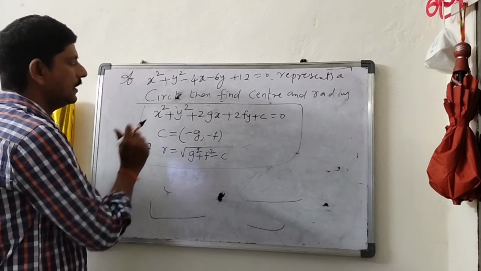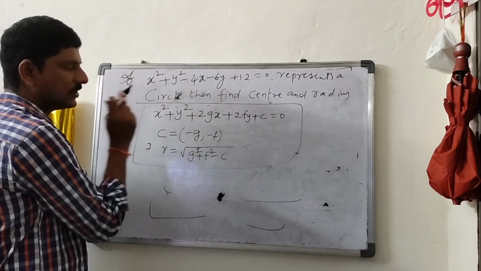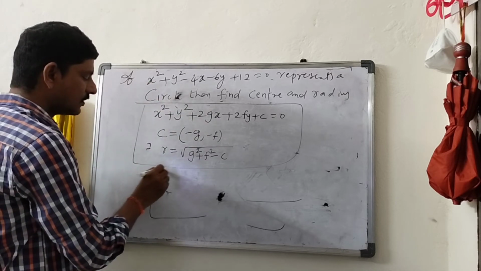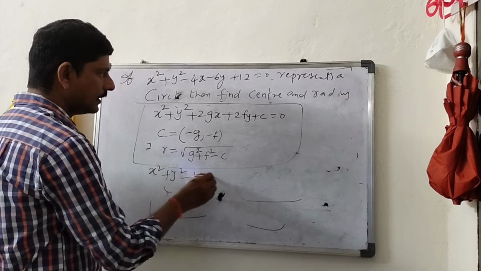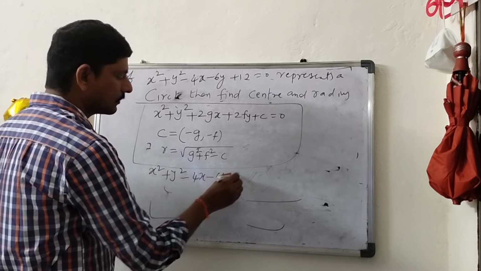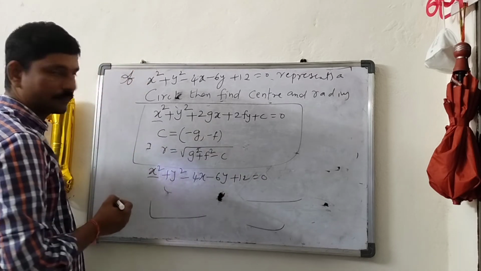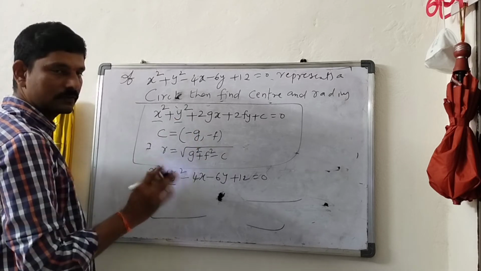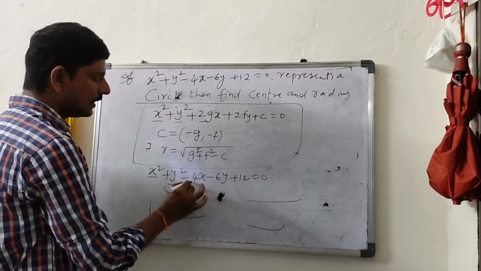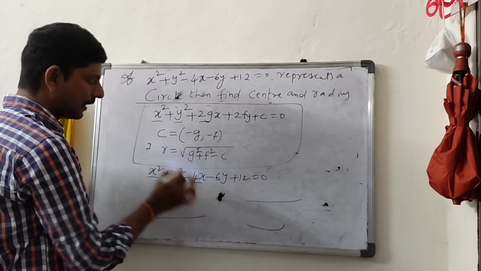Okay students, so first of all we have to compare the given equation with the general form. What is the given equation here? x square plus y square minus 4x minus 6y plus 12 is equal to 0. So x square similar, y square. So here 2gx is there, here minus 4x is there. So what is in the place of 2g? Minus 4.